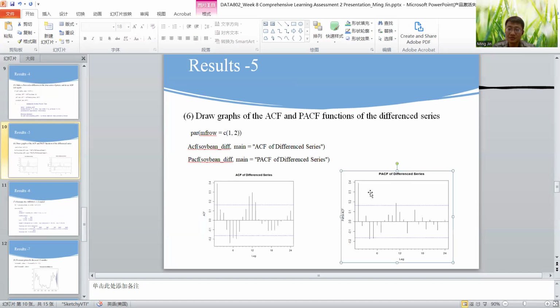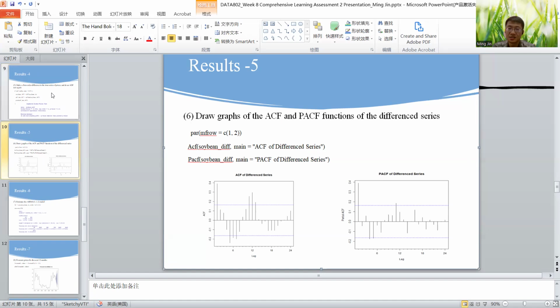And the PACF also has one bar sticking out from the threshold, so that we can say the orders for the AR part and the MA part of the ARIMA model are both 1.